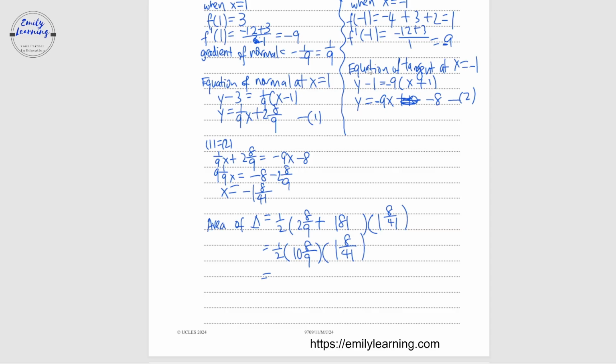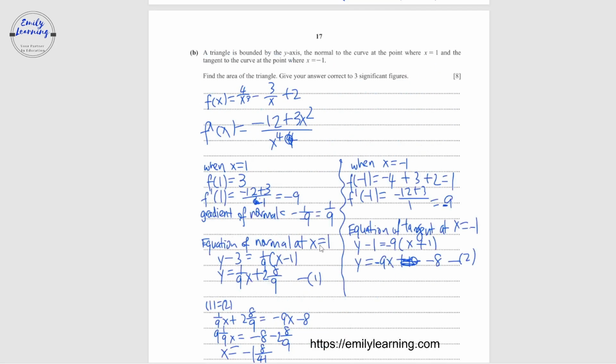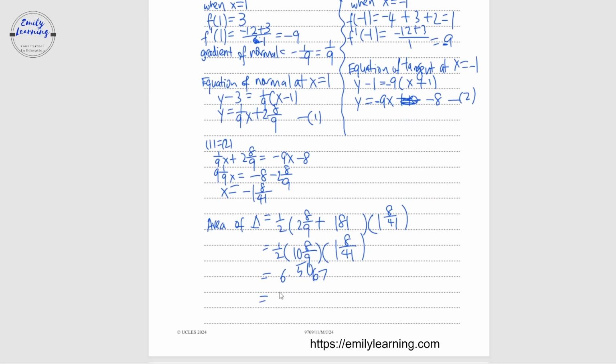So it is 6.5067. Wait, they say 3 significant figures. So it's 6.51 units squared when rounded off to 3 significant figures.